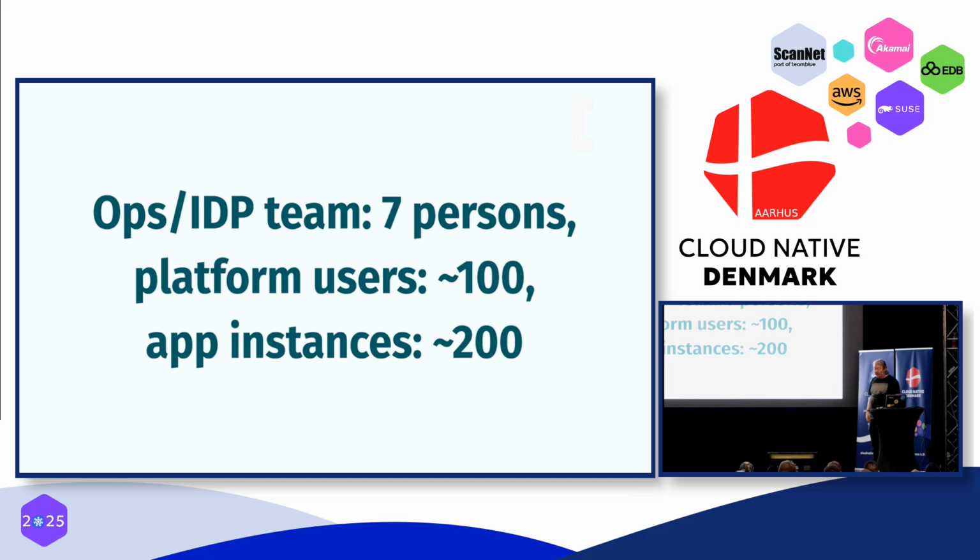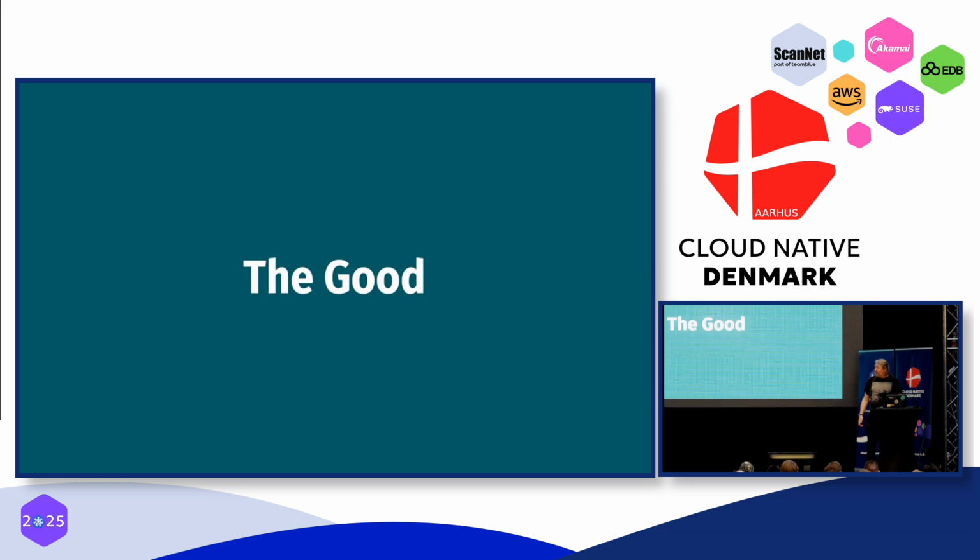There are more people developing the applications, but maybe that's the size of the platform users. And there are around 200 app instances. Not all of them are individual applications, but anyhow, that's the size of our operations. So I will first show the good parts quickly.